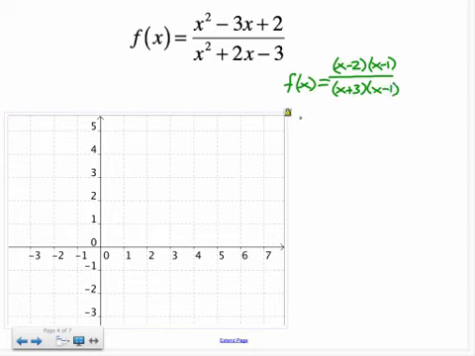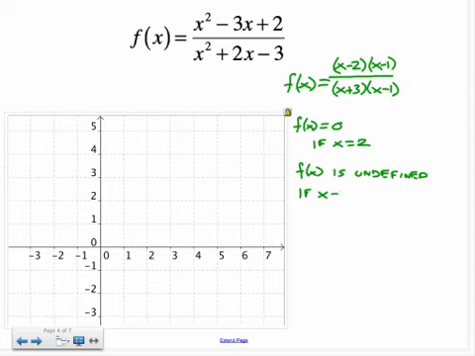So f of x is equal to 0 if x is equal to 2, because 2 would make the numerator 0, but not the denominator. I will not put x equals 1 because that makes both numerator and denominator equal to 0. And I'll say f of x is undefined if x is equal to negative 3 or x is equal to 1, because those two numbers would make the denominator equal to 0.